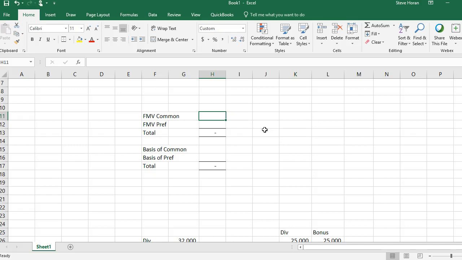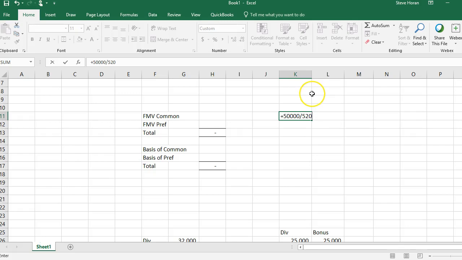Okay, so really simple. We'll take the 50,000, and all we have to do is divide it by 520. They had 500 shares. They had $50,000 that equaled 500 shares. Now they have $50,000 equaling 520 shares. They received 20 extra shares, and the basis, in decimals, is 96.15.